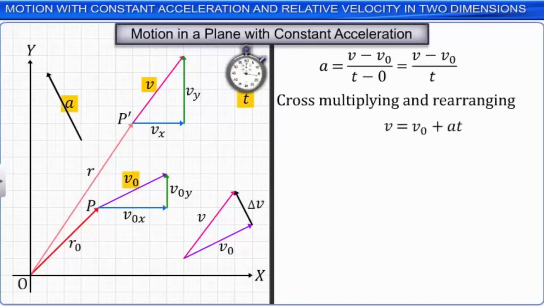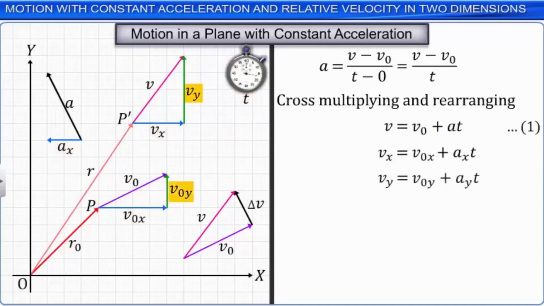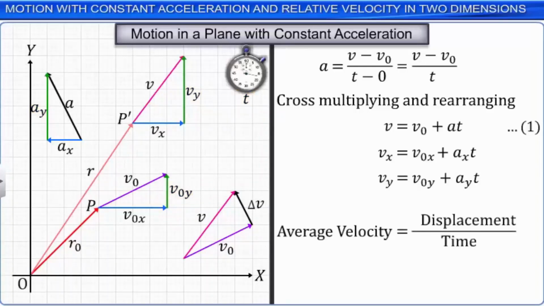We can also write equation 1 in terms of its components as Vx is equal to V0x plus axt and Vy is equal to V0y plus ayt. As you know, average velocity is displacement divided by time. By cross-multiplying, you can write displacement is equal to average velocity multiplied by time.